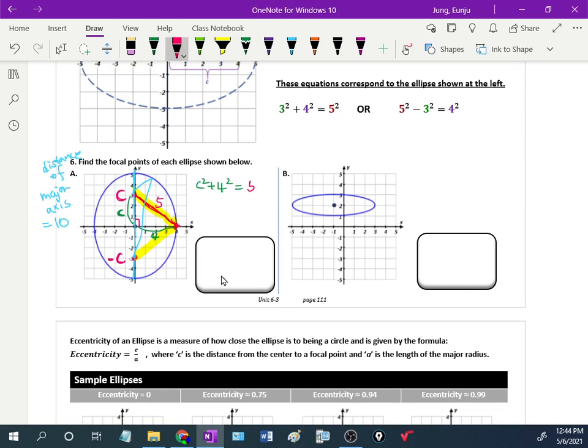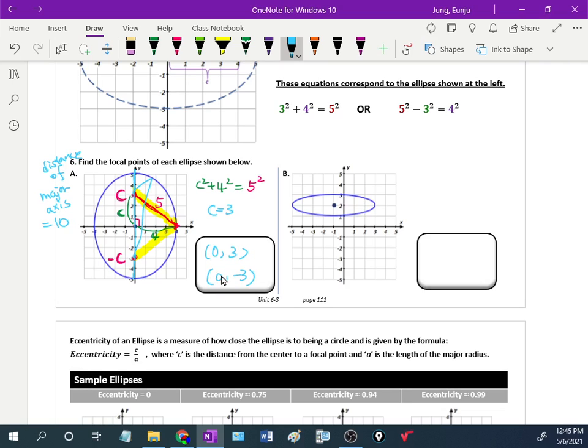So this will be 5 squared. So what would be c then? 25, 16, 9. So c will be 3. So knowing that position, we can answer this is (0, 3) and (0, -3).